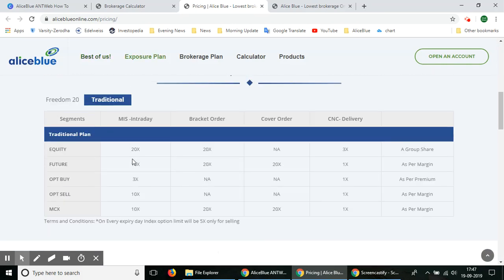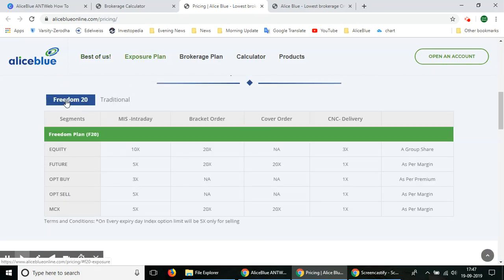You can see the different plans, how much intraday exposure each plan will give you for each type of order and each segment, like futures, options buying, option selling, MCX and equity. And those are the different types of plans you can see.